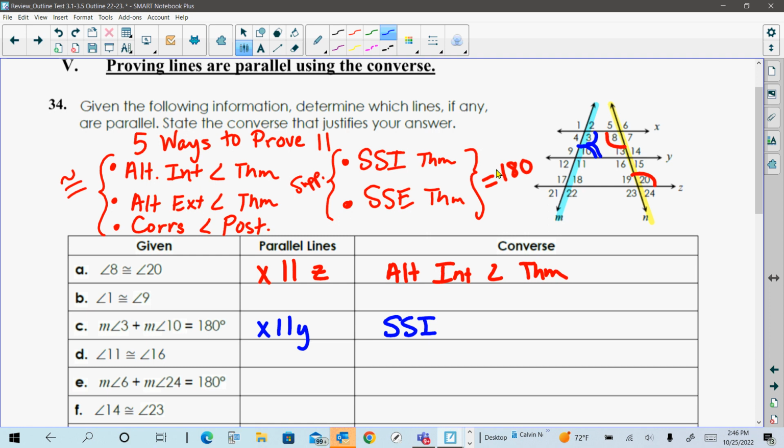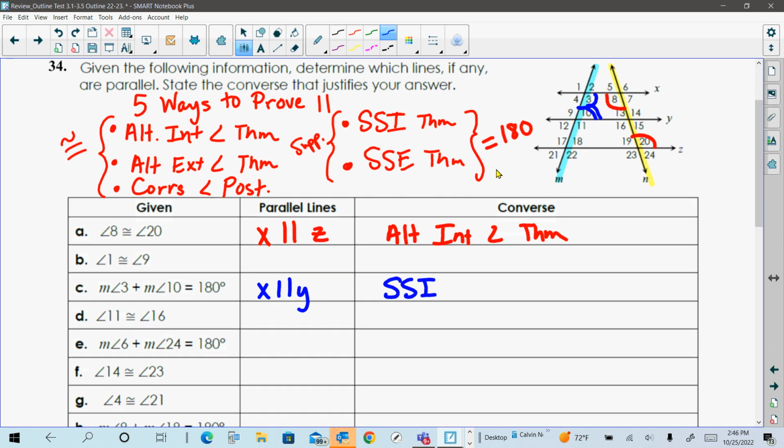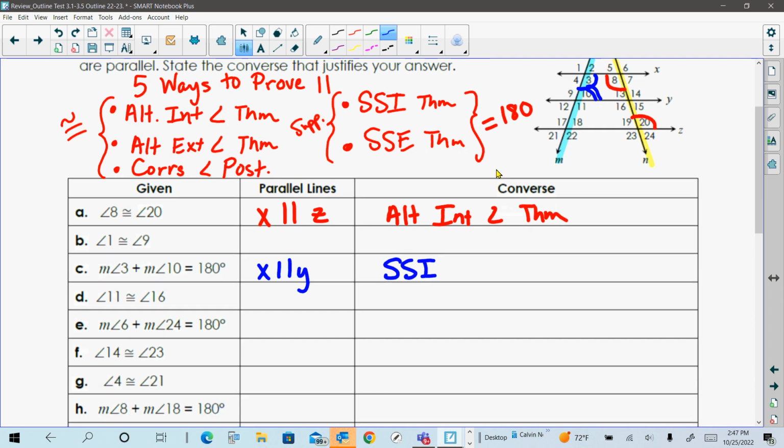So hopefully we can complete something like this, because these are kind of similar to what we did on the notes the other day and on your homework too.